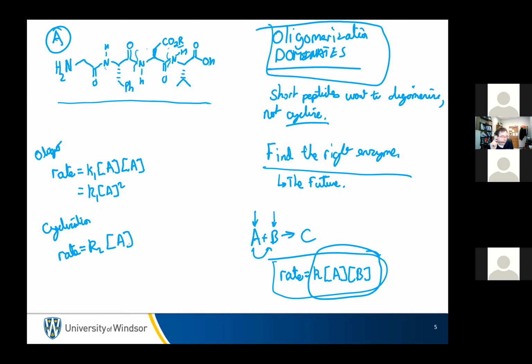He asked that to us, and he also asked all the other organic professors in the department, and none of them got it right. They got it right after thinking about it for a long time. But why does the concentration matter in a unimolecular reaction where nothing else matters except the molecule reacting with itself?